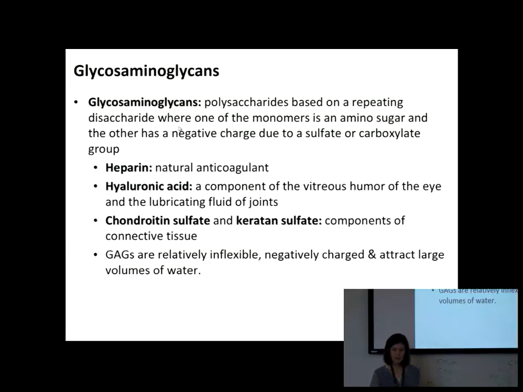Glycan means polysaccharide, right? Amino means amino acid. So you know that there's some sort of combination. So the amino sugar has the negative charge and it has a sulfate or a carboxylate group, and that will draw water towards it. So your connective tissue needs that water. And of course, the hyaluronic acid, that's in the goo in your eye, lubricating the fluids of the joints.